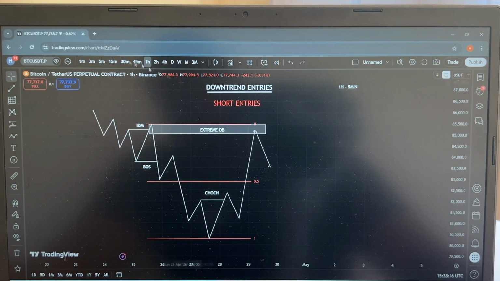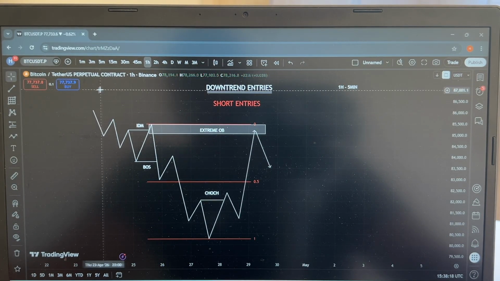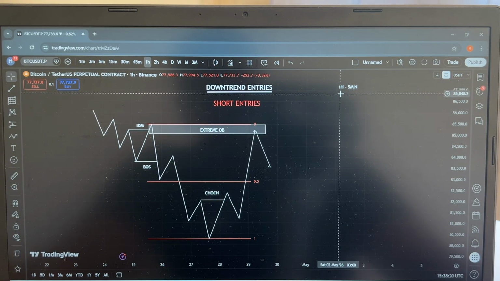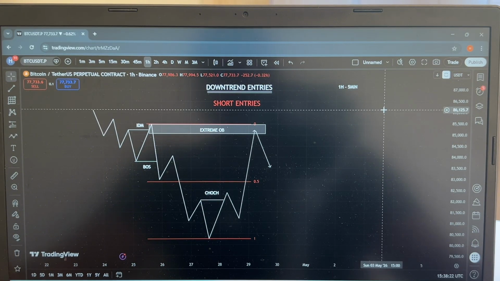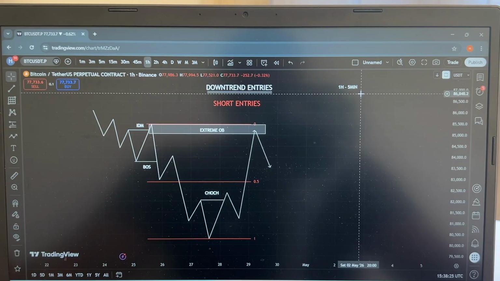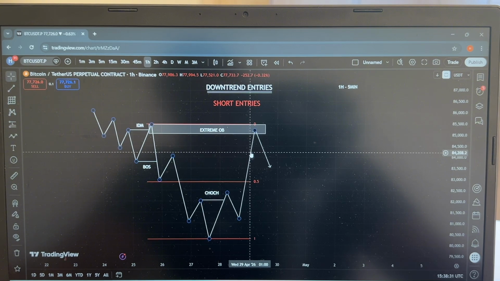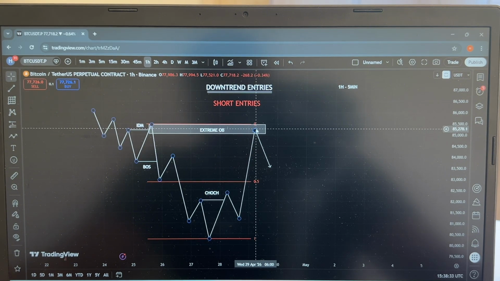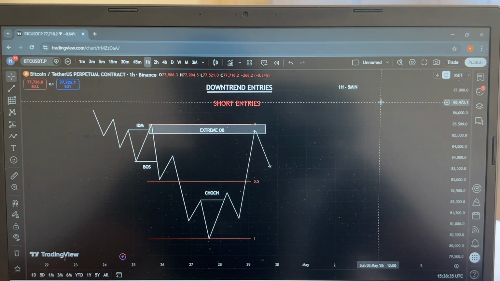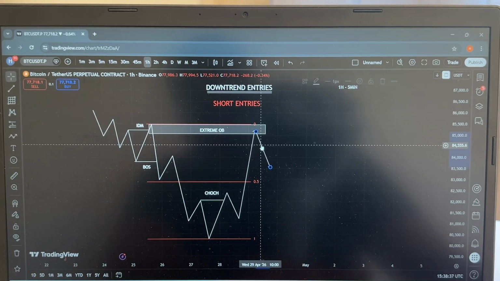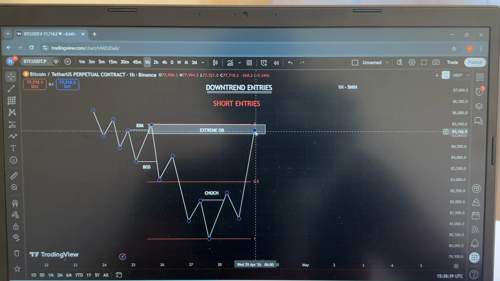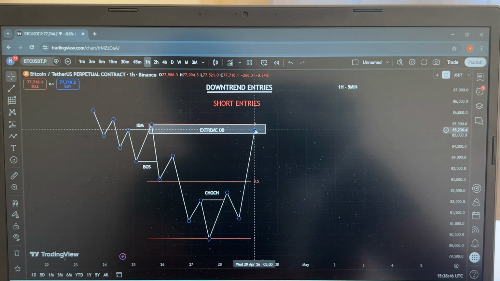If this whole market structure is drawn in the 1 hour time frame, a higher time frame, we have to go to its own lower time frame, the 5-minute time frame. Once it taps the extreme order block, go to the lowest time frame and see whether it has already broken a previously made low.